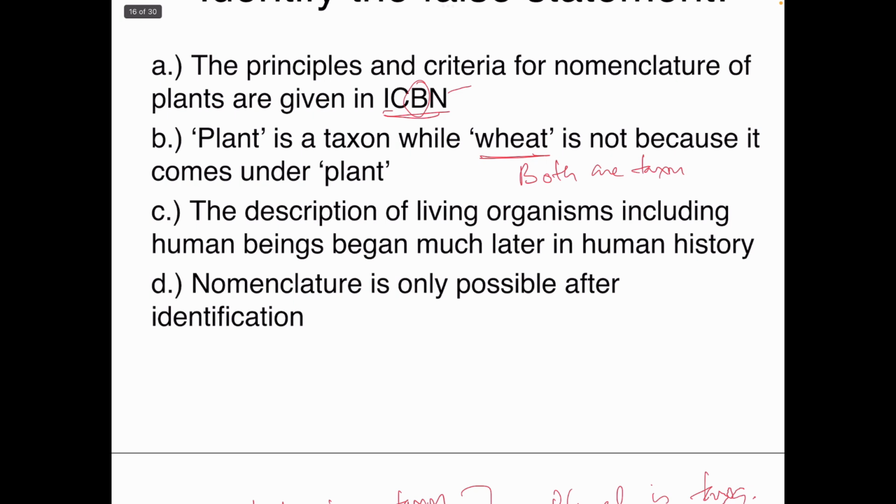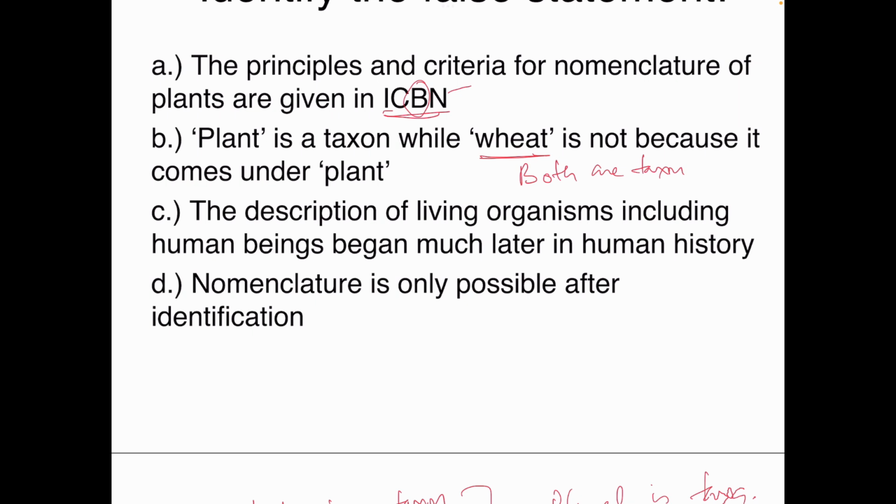Now moving on to the third option. The description of living organism including human beings began much later in human history. I presume that a lot of you might be caught up in this option. Many of you might be thinking that the description of living organism must have began much earlier in human history.